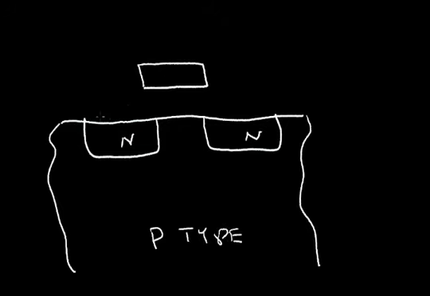So if we put a positive voltage on this gate electrode relative to these N regions, so if I have a voltmeter between this N region and this gate, I measure a voltage, perhaps it's 1 volt or 2 volts or 4 volts.